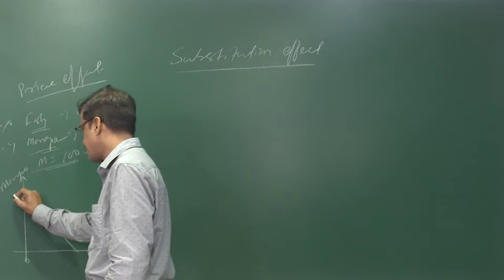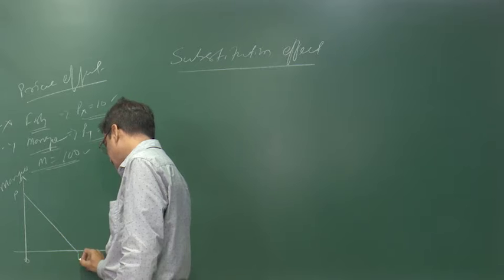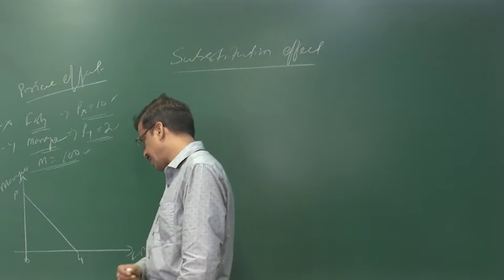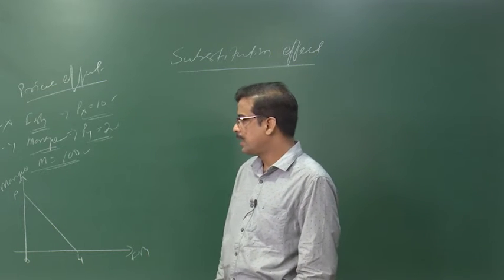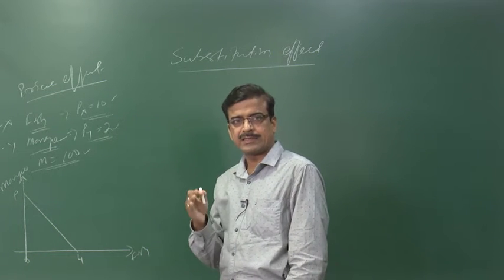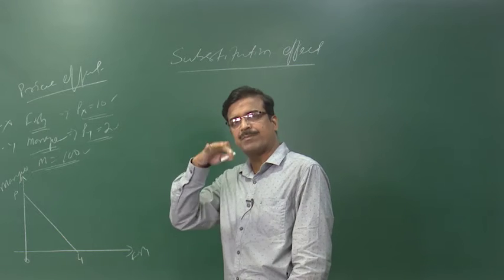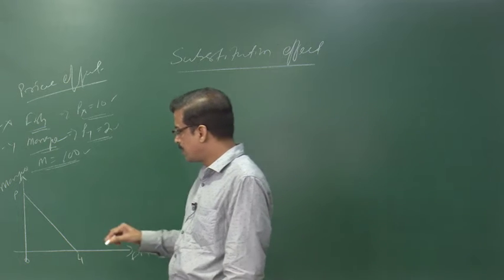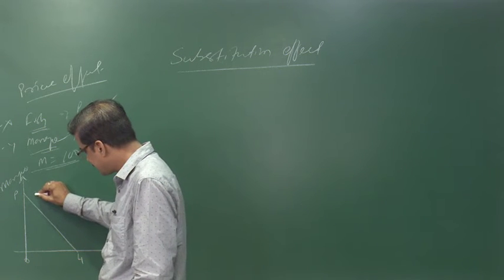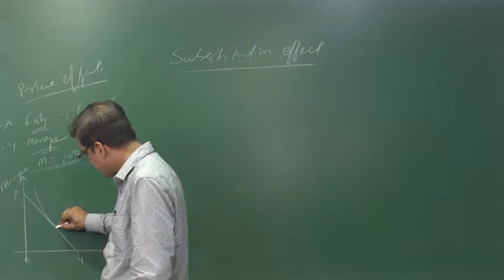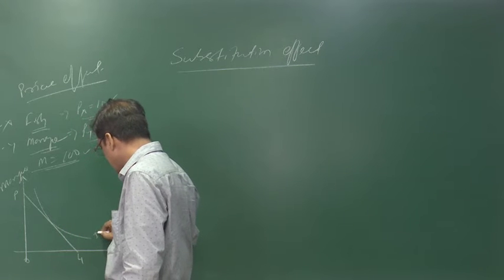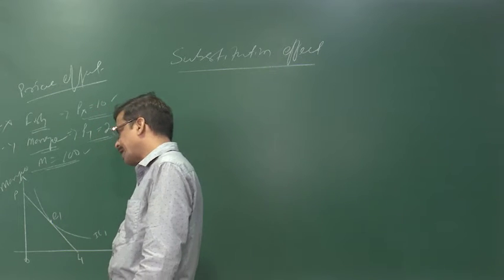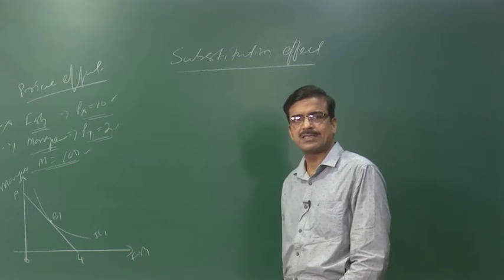Let us say assuming the price line is PL, or we can take PL1, and that price line is tangent to the given preferences of both the commodities of the consumer. Let us say it is tangent to the indifference curve IC1 at the point E1, so that the consumer obtains his equilibrium.